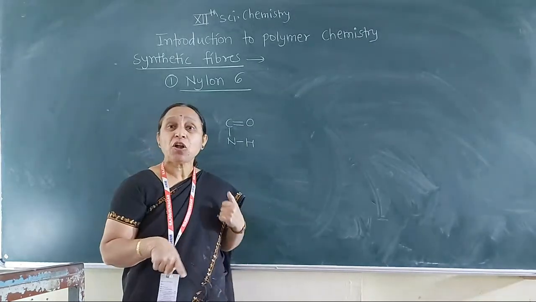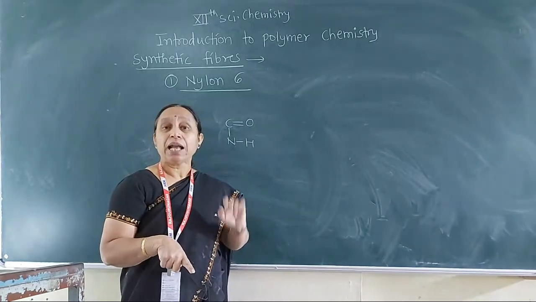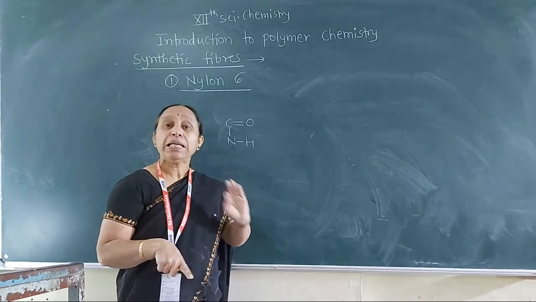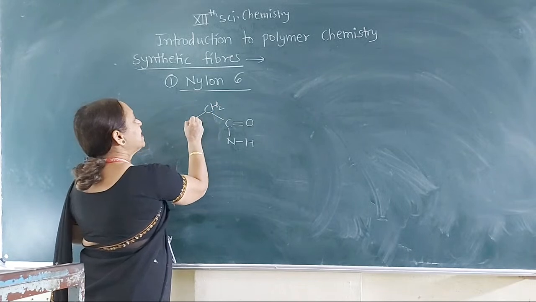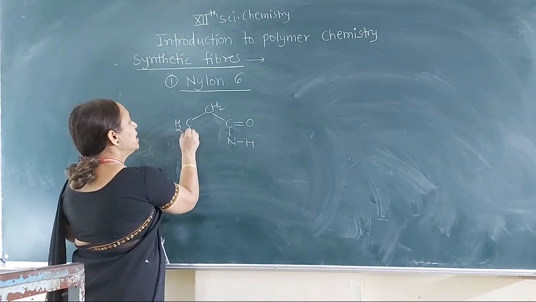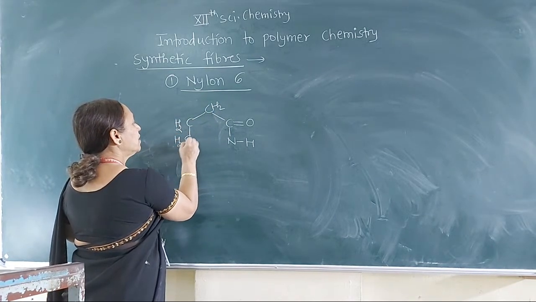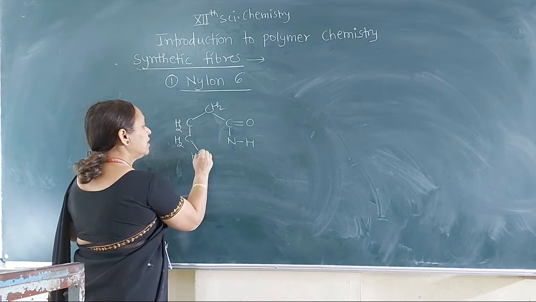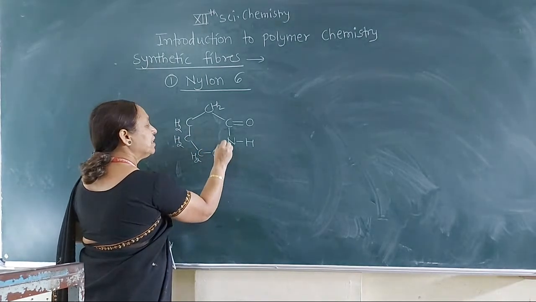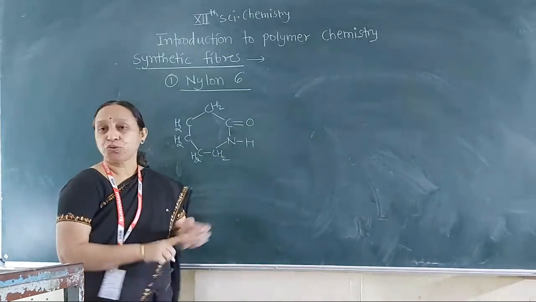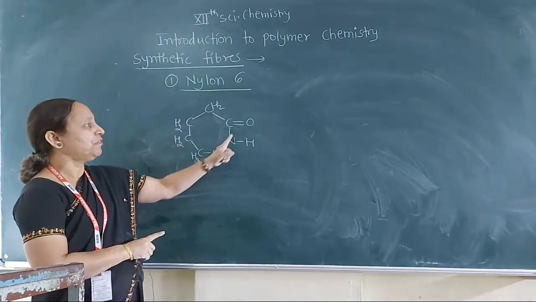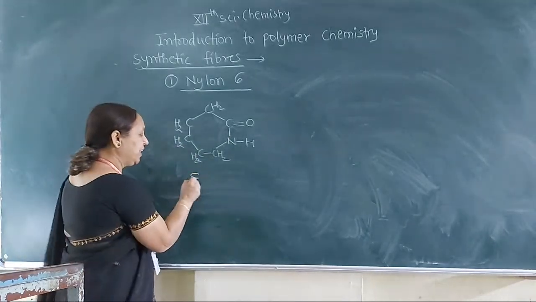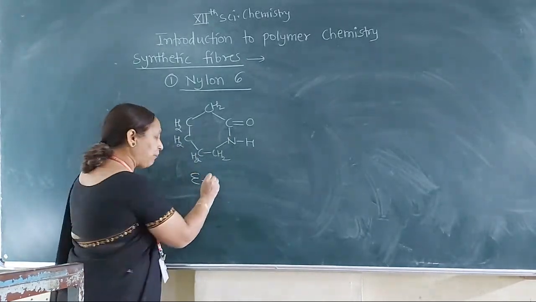In this epsilon caprolactam, there are 5 methylene groups, CH2, CH2, and this is the 4th, this is the 5th, which is attached to the nitrogen. Thus, 5 methylene groups with CONH, it is epsilon caprolactam.